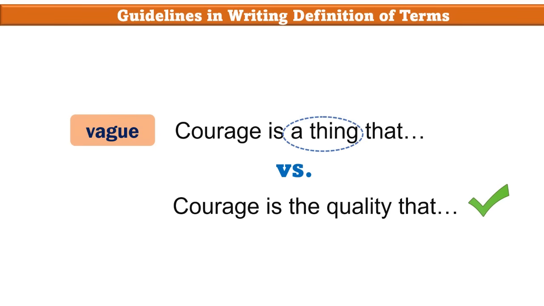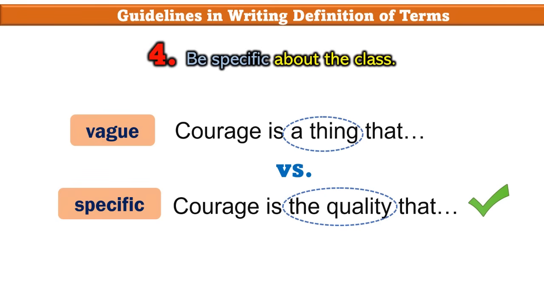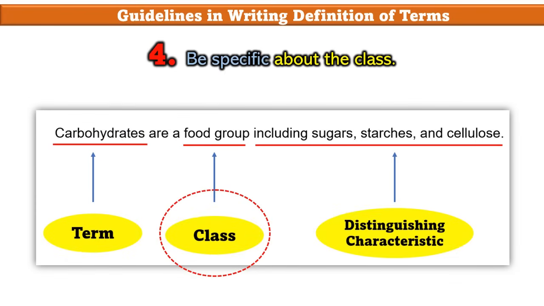Because of the phrase, a thing. Bakit mas better yung second? Because the phrase used is the quality, which is more specific. Fourth guideline. Be specific about the class. Huwag kayong malito ha, ang pinag-uusapan pa rin natin dito ay yung class, which is part of a definition.